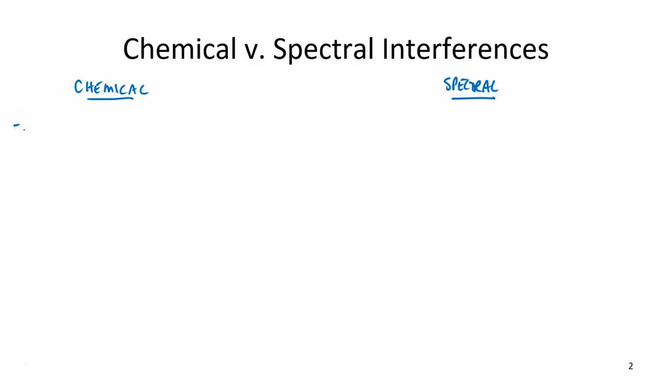If I had to define a chemical interference, I would say that that's when an unexpected chemical, some sort of substance, forms from the analyte and decreases the analyte signal.